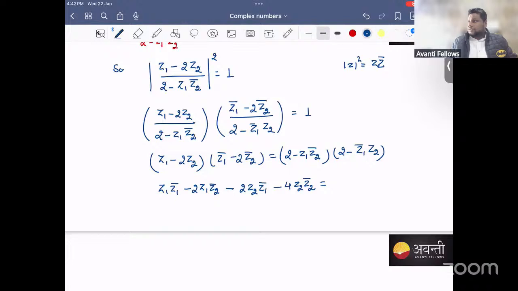This is equal to, now it is 4 minus 2 times Z1 bar Z2 minus 2 times Z1 Z2 bar plus Z1 Z1 bar Z2 Z2 bar. So just use one property of modulus and conjugate, cross multiplied and then further multiplied.